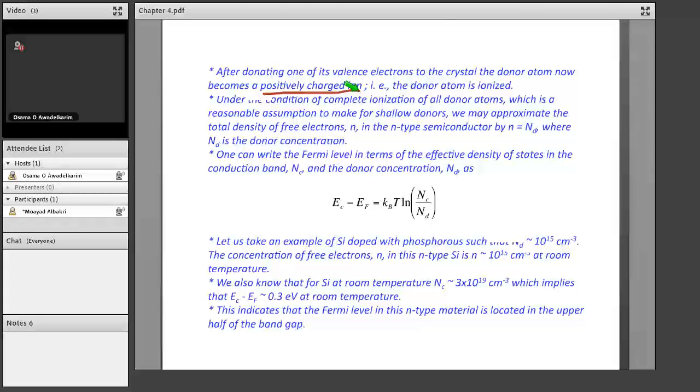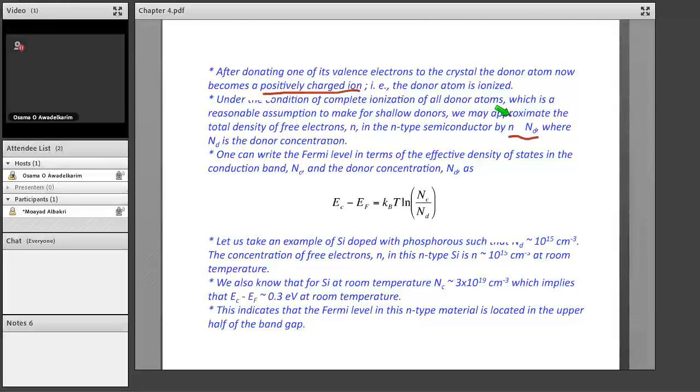The overall positive charge is equal in magnitude to the charge of the electron. Also, we know that the number of free electrons per unit volume is equal to the number of added donors or dopant atoms, Nd, per unit volume.